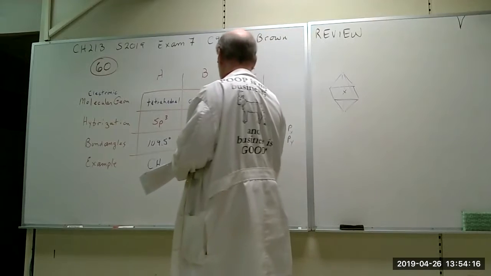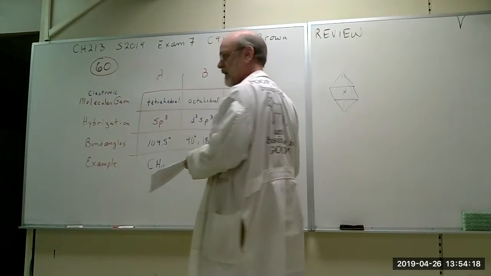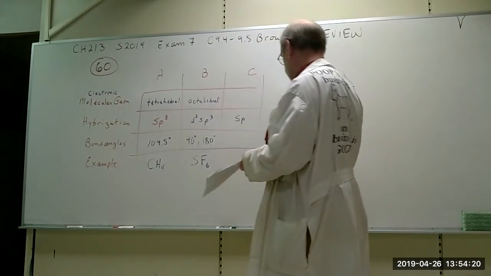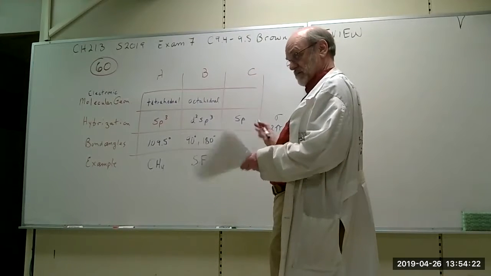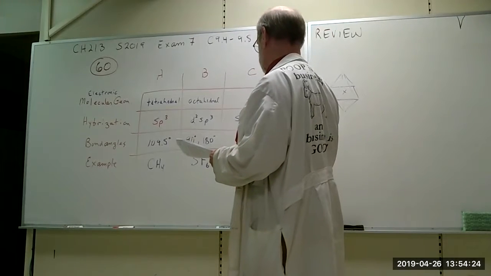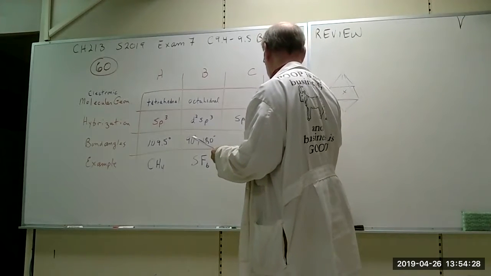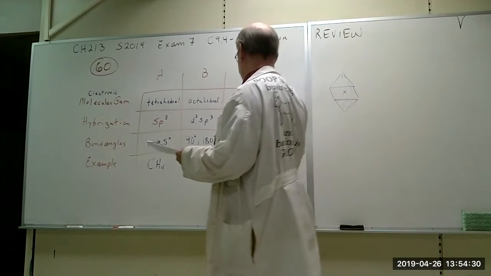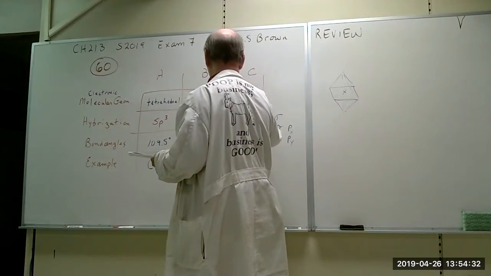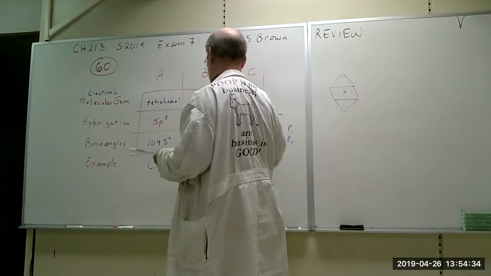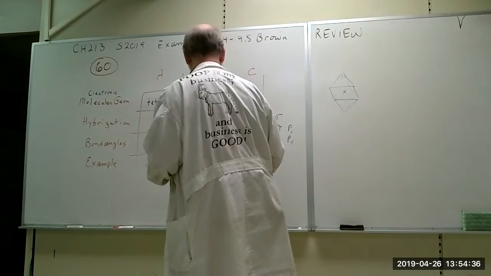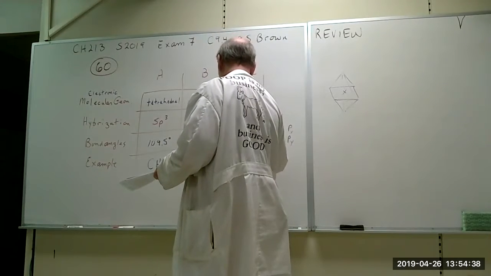So that means it has to be sp hybridized, right? Because we need these extra p orbitals reserved for our pi bonds. So sp hybridization is linear. And the only possible angle is 180 degrees.